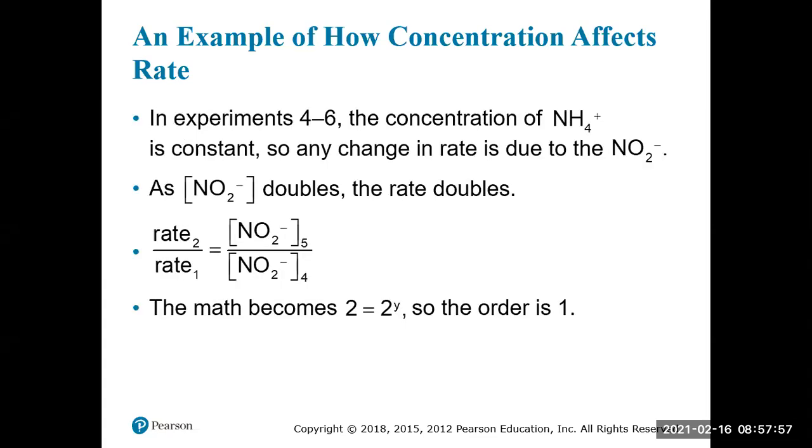We can do this same thing with the nitrite ion by looking at how the rates change as the concentration changed. The same thing is happening when we kept the ammonium ion constant and doubled the NO2 minus concentration. We saw that doubling. So if we do this same ratioing, we see that the order for that is 1 as well.